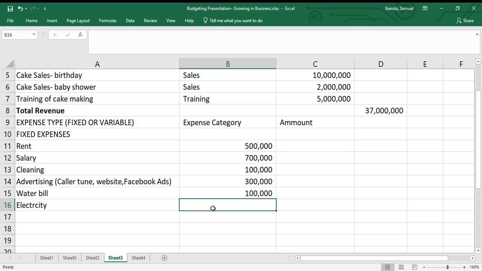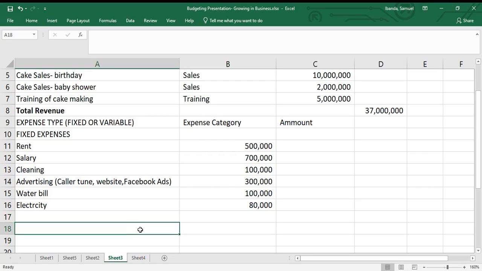Ideally, these are amounts that on average you set aside and say this is what I spend, and on a monthly basis you make sure you pay this money to the regulatory authority for electricity. So let's say maybe this is about 80,000.